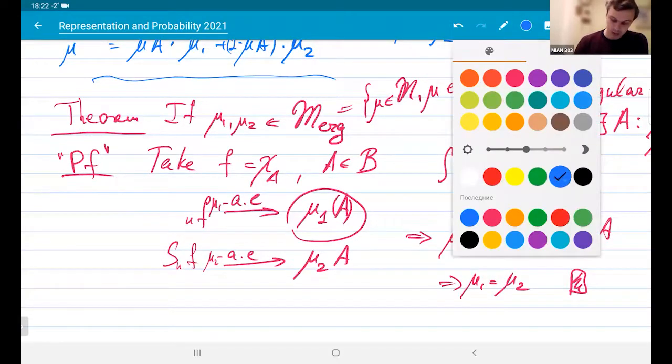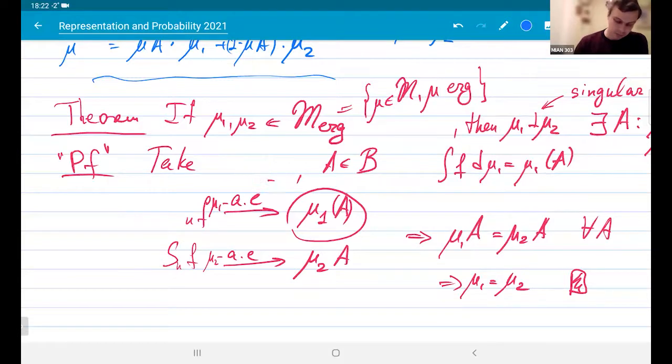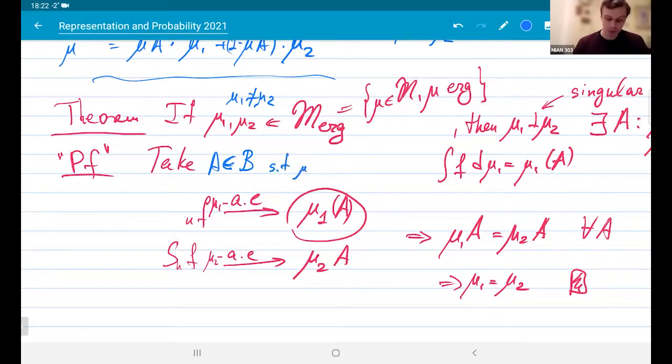Take A in B, if they are different, of course. So we say mu1 is not equal to mu2. So take a set that differs, such that its measure is different.